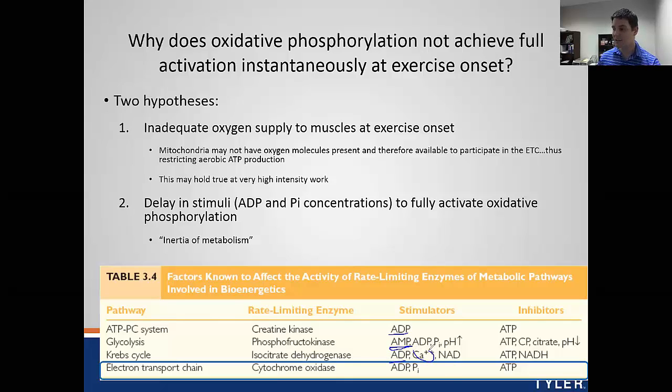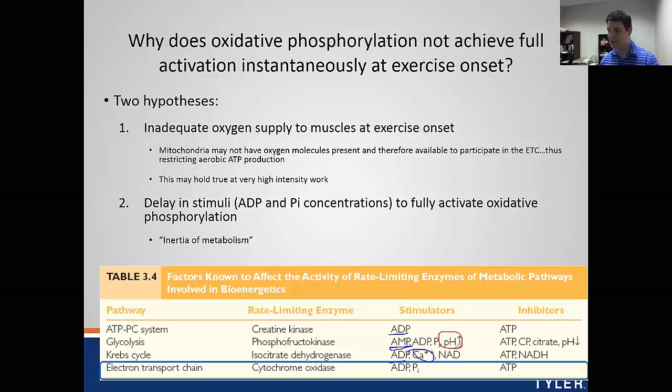Another one is calcium, right? And you go, why is calcium such a potent stimulator of the Krebs cycle? That's because calcium is being released by the SR and binding to troponin C, right? It's in the muscle cell, in and around mitochondria, and so the mitochondria sense that calcium flux coming out and being inside the cell, knowing that the muscles are contracting, and therefore they start to ramp up aerobic metabolism.